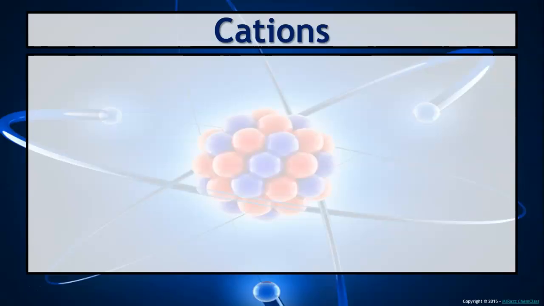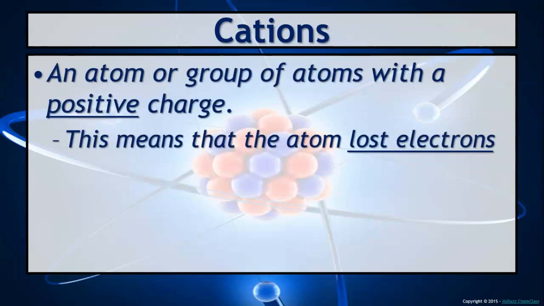So when an ion is designated with a positive sign, we call that a cation. An atom or a group of atoms that has a positive charge is known as a cation. This basically means that it has lost electrons. Electrons have been taken away from it.